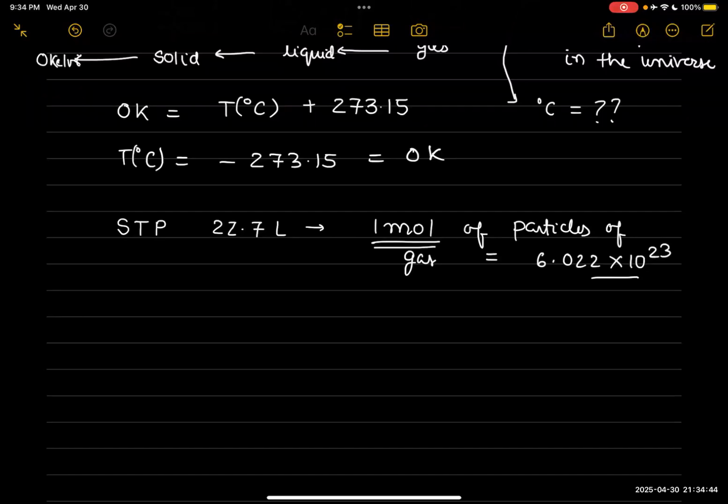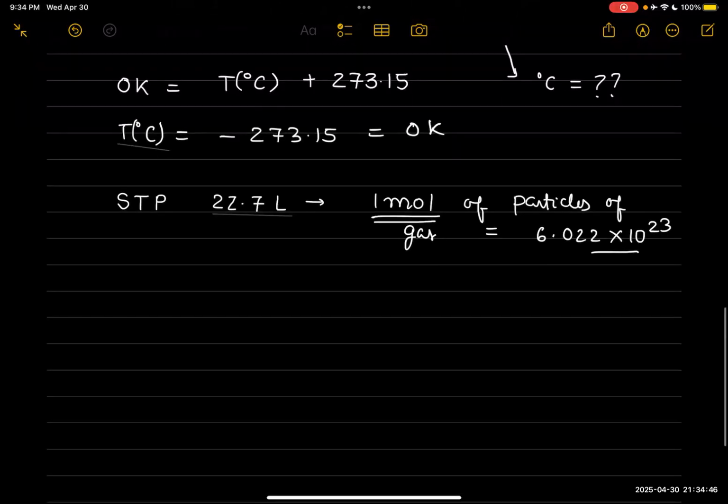Sir, in the question, if the bar is not given as 0 Celsius but as something like 2, do we have to multiply 2 into 22.7 liters? No. If they write STP, this STP is fixed. IUPAC has fixed it.